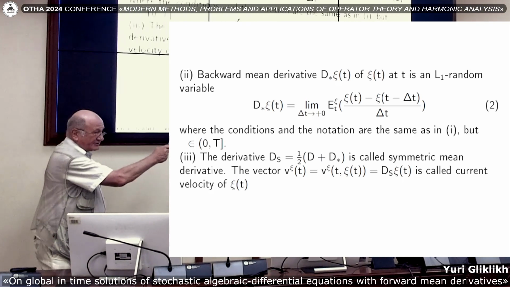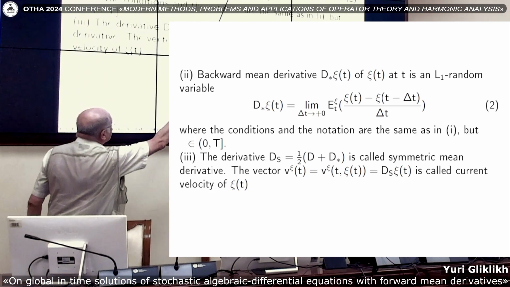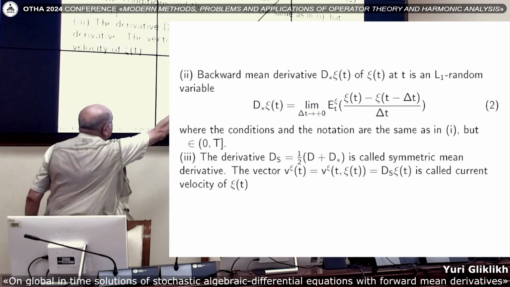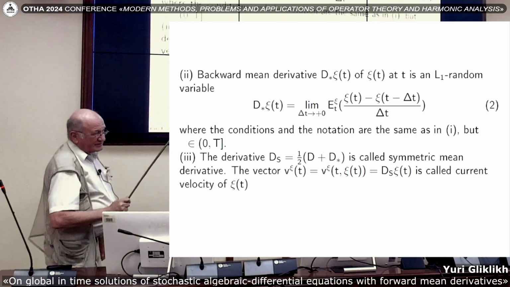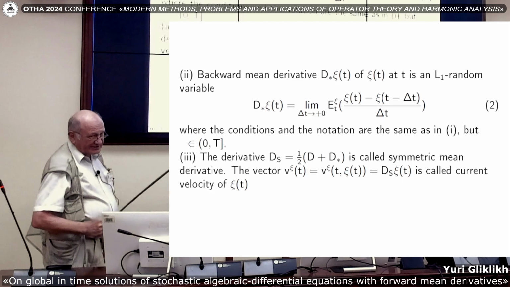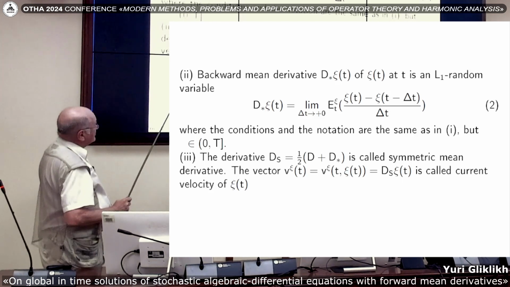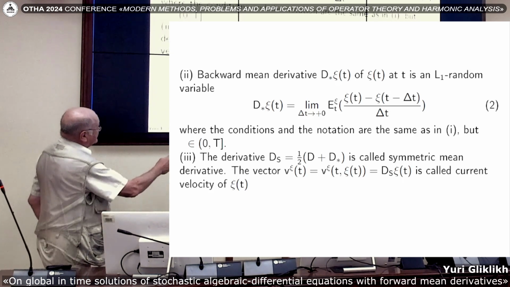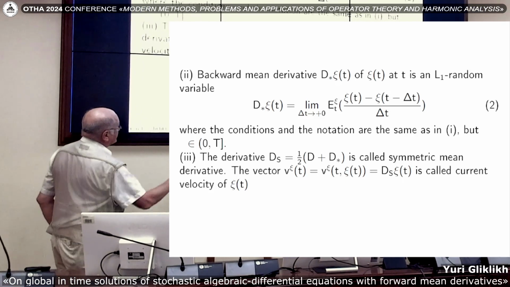This is the definition of the backward mean derivative. Everything is the same, but here you see psi of t minus psi of t minus delta t instead of psi of t plus delta t minus psi of t. We will also use the derivative that is the half sum of forward and backward mean derivatives.